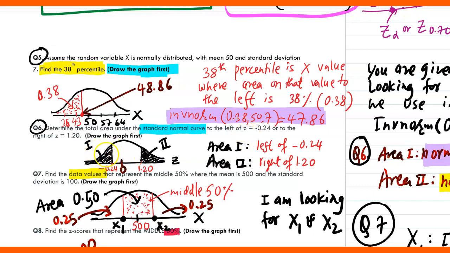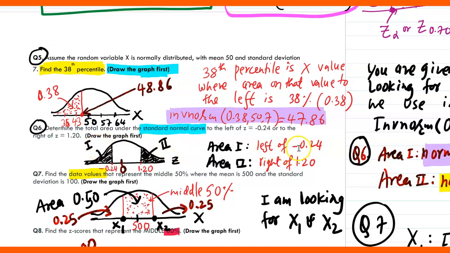Okay, highlight the left area. Similarly, mark 1.20 on the line, that z score 1.20, and mark the right area. And pretty much you have a left area that I name as area I, and this second area as area II.